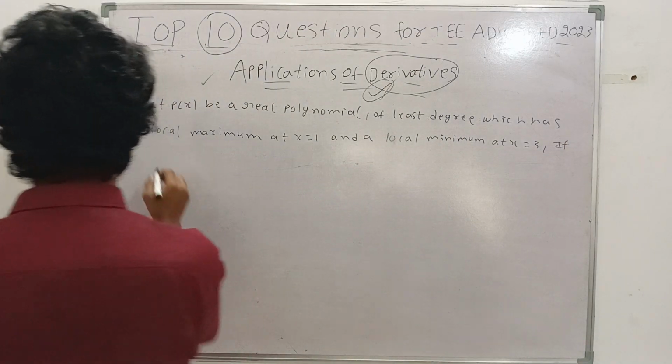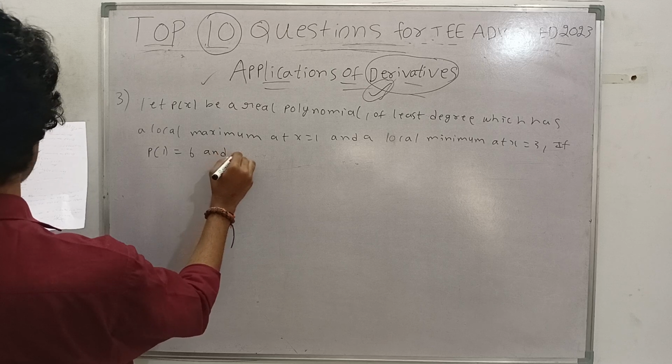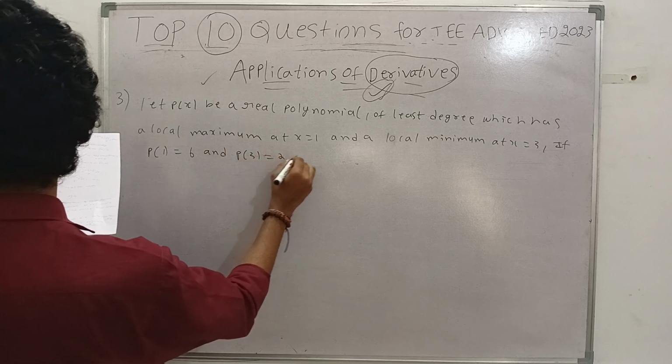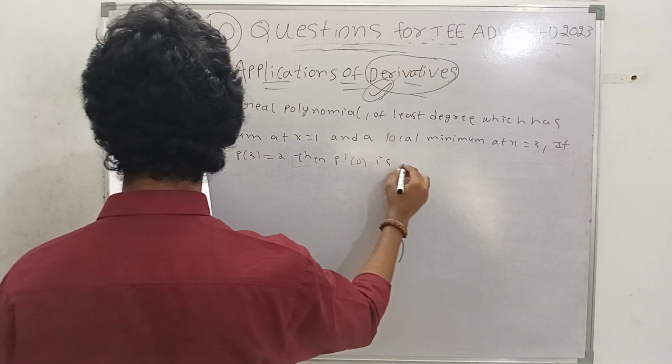If P of 1 equal to 6 and P of 3 equal to 2, then P dash 0 is what?